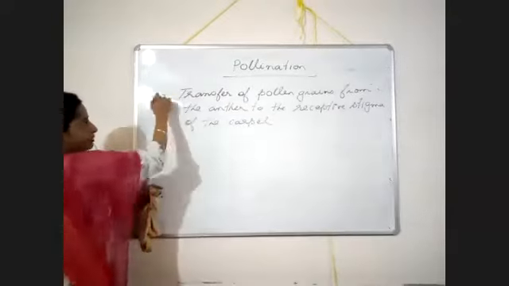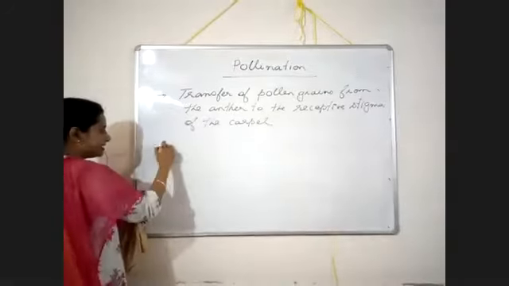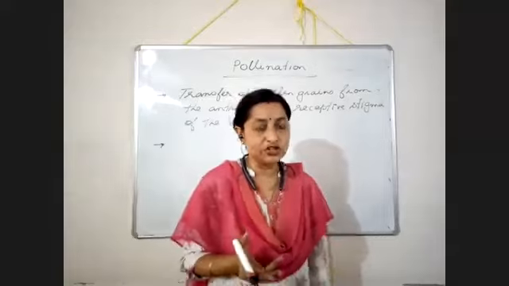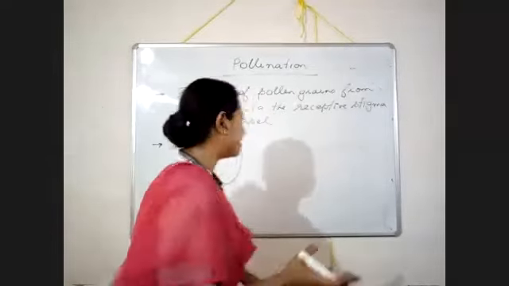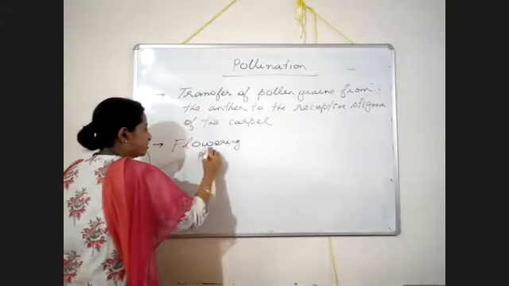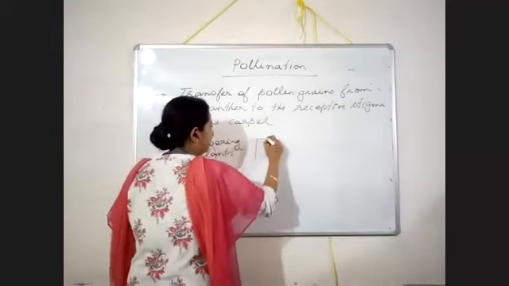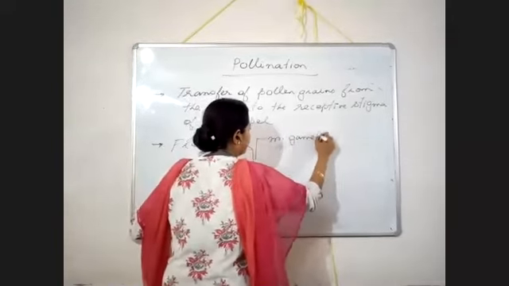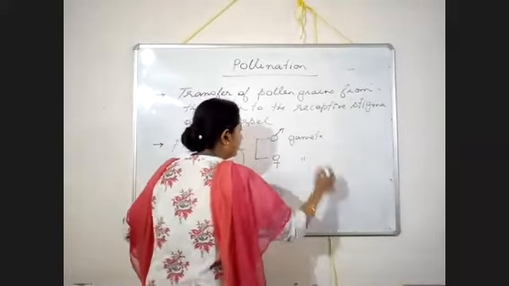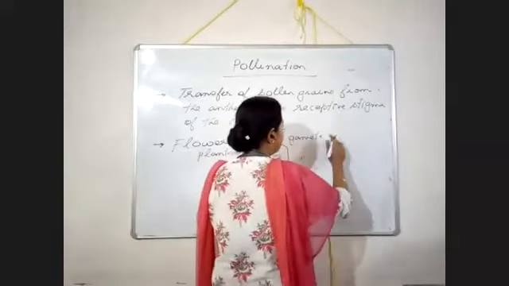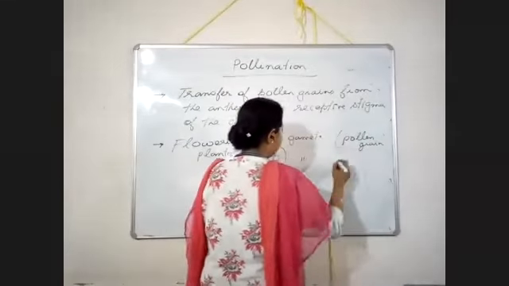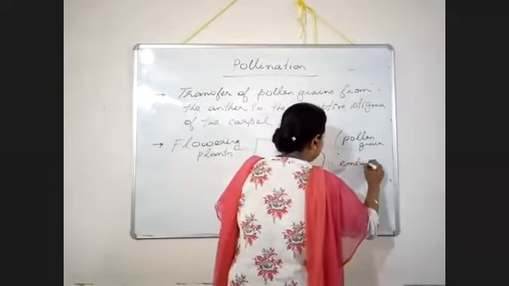This is what we call pollination. Next, what is the need of pollination in higher plants, especially angiosperms? In flowering plants there will be male gametes and female gametes. The male gamete is in the pollen grain, and the female gamete, as we have already discussed, is in the embryo sac.